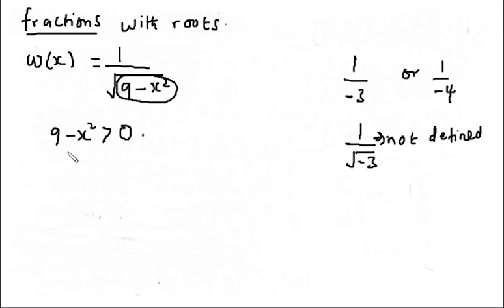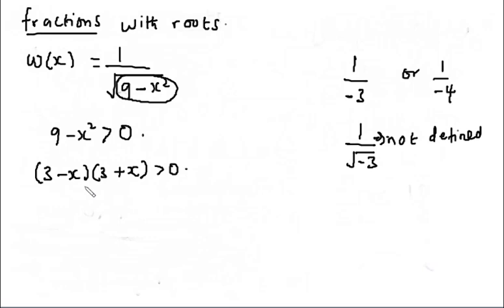So from here we can simplify this quadratic polynomial. Simplifying this, we could say this is 3 minus x, and then 3 plus x is greater than 0.